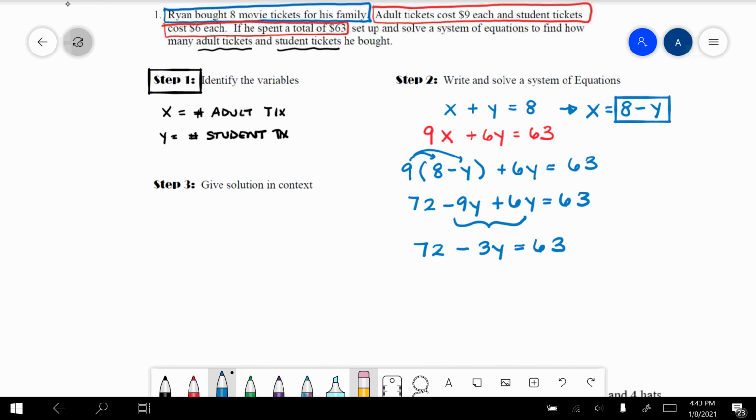So good place too, if you wanted to, hit pause, you could always work through the problem on your own. If you're going to stay with me here, then let's go ahead and subtract 72. So keep that negative in front of the 3Y. And 63 minus 72 is going to make negative 9. So when we divide both sides by negative 3, what we come up with is our first variable, and that is Y equals 3.